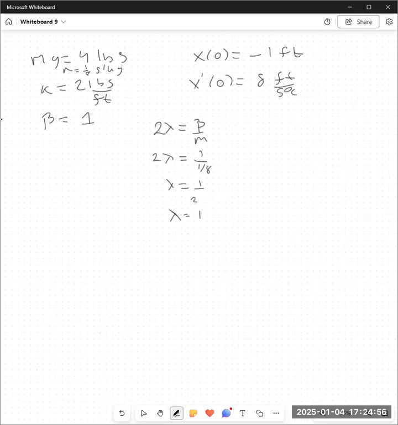Sorry, this is 2 times an eighth, 1 over a fourth. Lambda is 4. Lambda squared is 16.